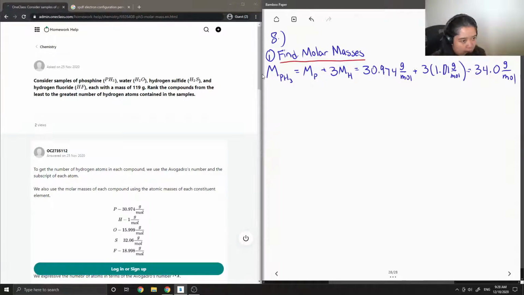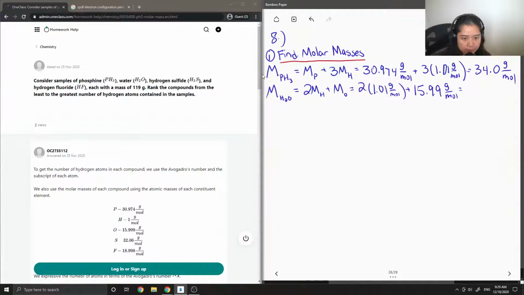Okay, so next let's do the molar mass of water. This is just 2 times the molar mass of hydrogen plus the molar mass of oxygen. So again, the molar mass of hydrogen is 1.01 and the molar mass of oxygen is 15.99. So its molar mass is around 18.01 grams per mole.